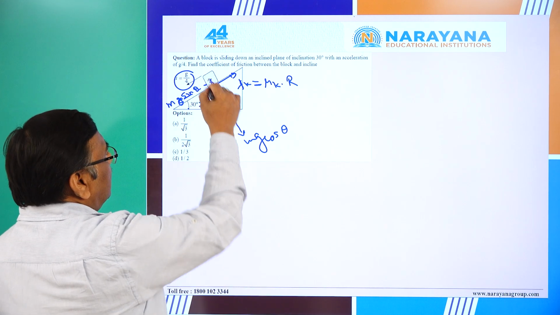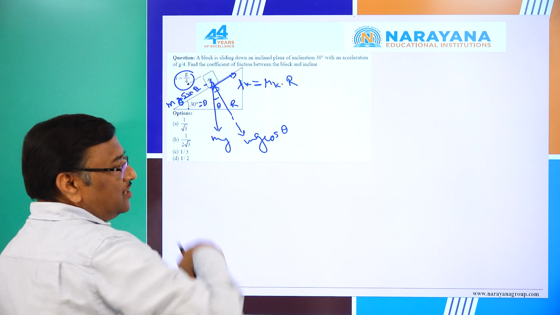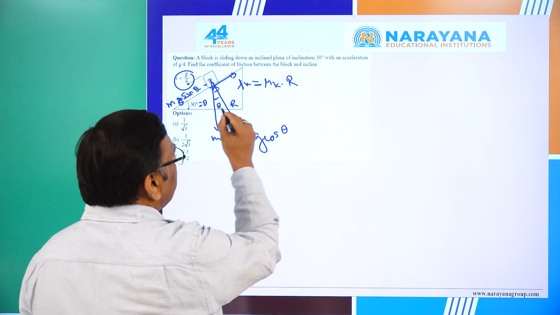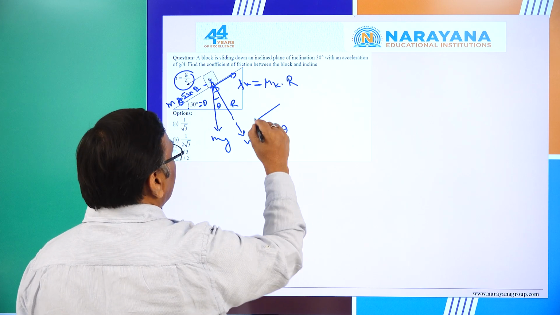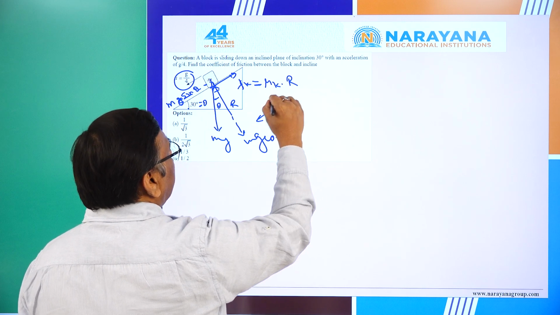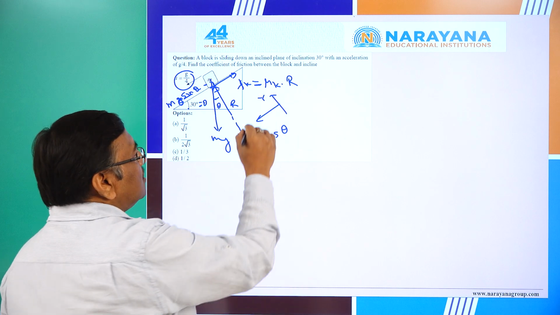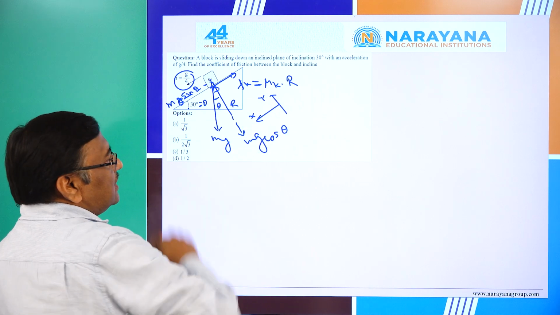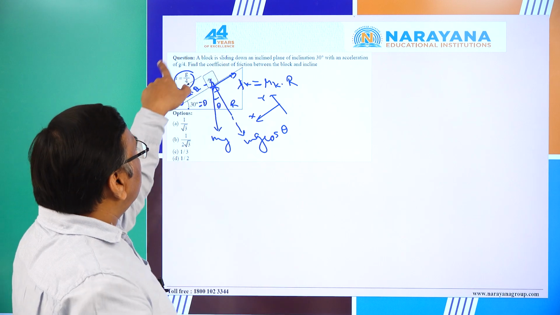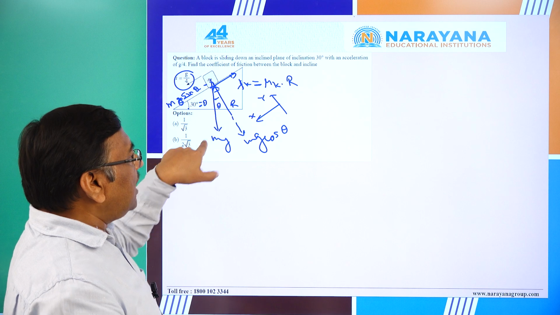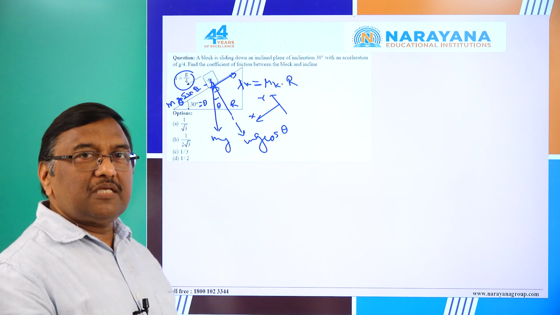As there is no motion in the direction perpendicular to the plane, if I consider the downward direction to be the x direction and the perpendicular to be my y direction, there is a net force in the x direction, but there is no force in the y direction. As the body is said to move with an acceleration g by 4, the net force along the x direction is going to be ma, that is mg by 4.